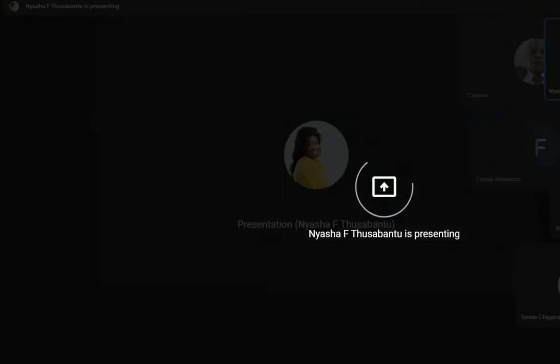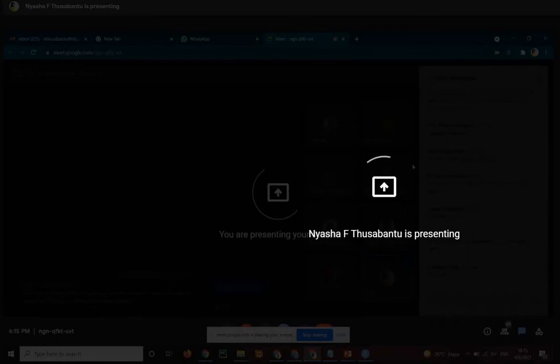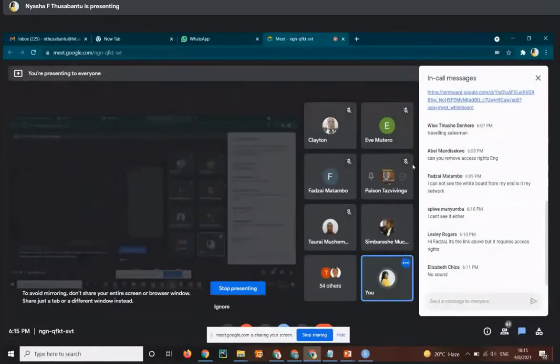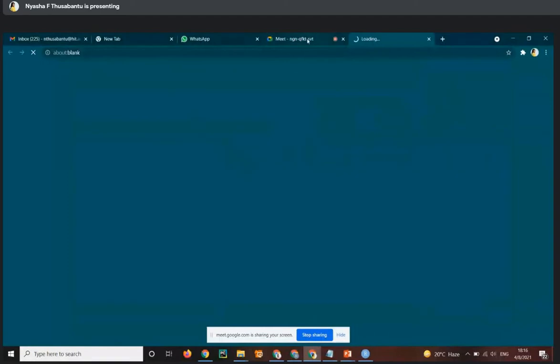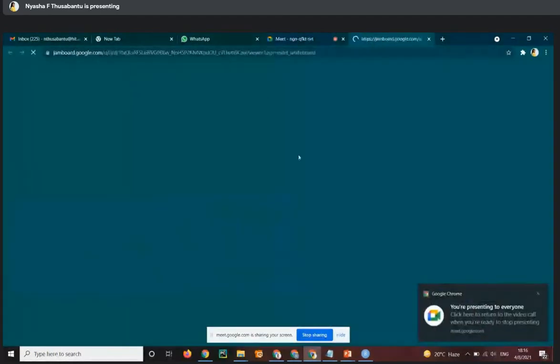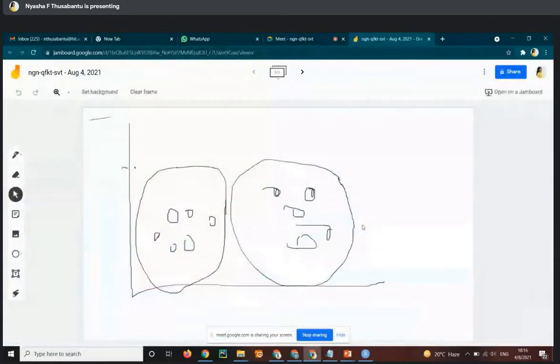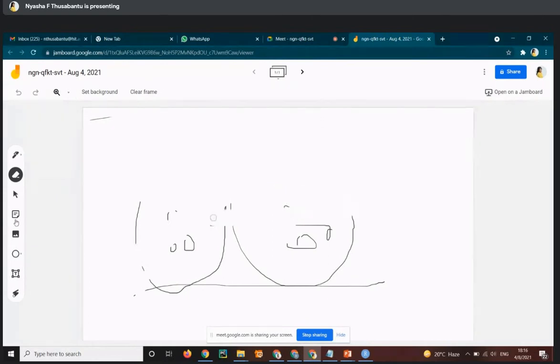Can you see my screen? My entire screen? Yes, engineer. Yes. So can you see the whiteboard now? Yes, you can see it. Okay, it's fine. All right, that's okay. So let me do this.